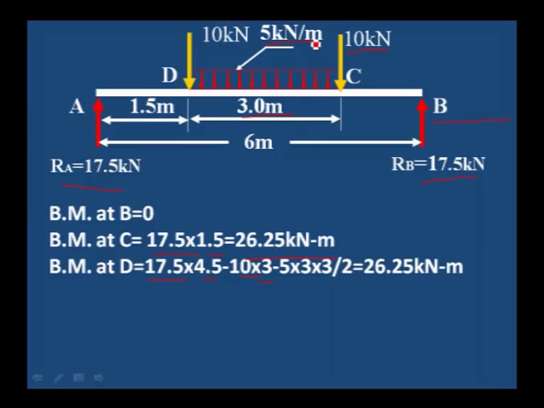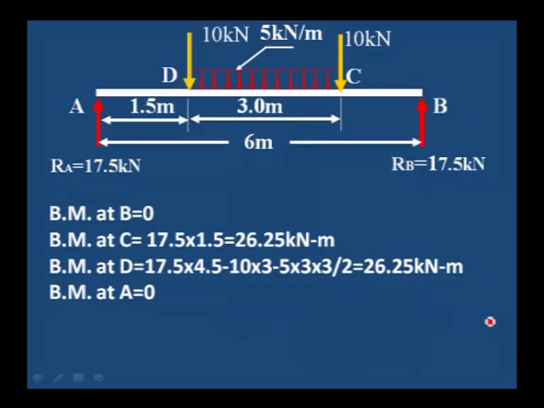Then the uniformly distributed load 5 kilonewton per meter into 3, 15, into the distance, which acts at the center of this 3 meter distance, that is 3 divided by 2, 1.5 from D. Therefore 26.25. You can even calculate the bending moment at D by RA into 1.5, which is equal to 26.25 itself. Bending moment at A is equal to 0. Okay, these are the values of the bending moment.